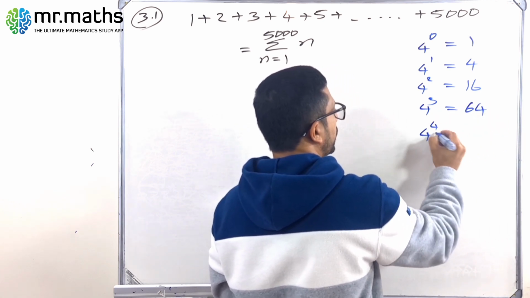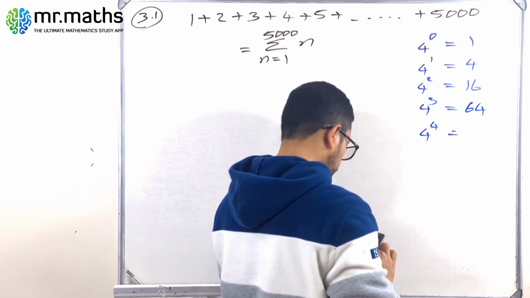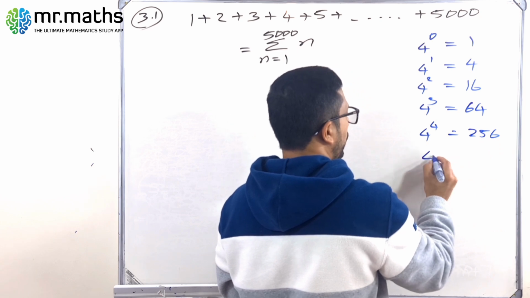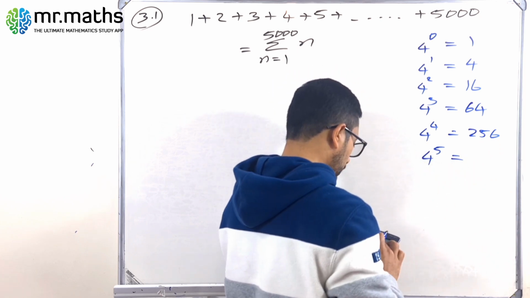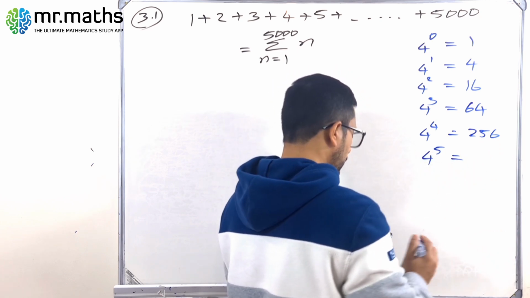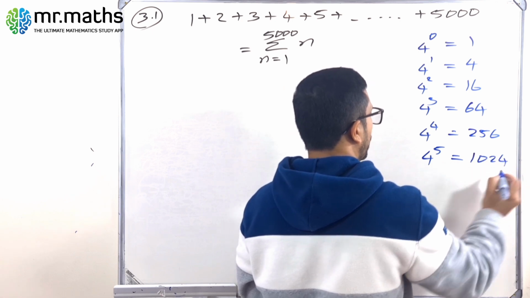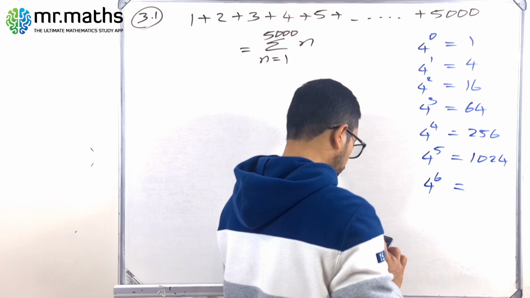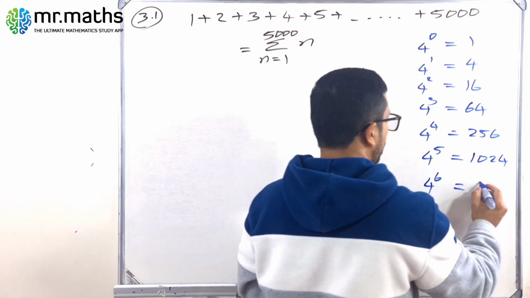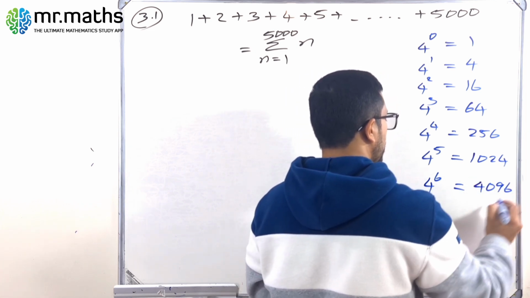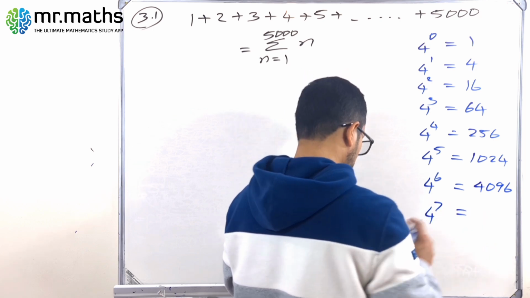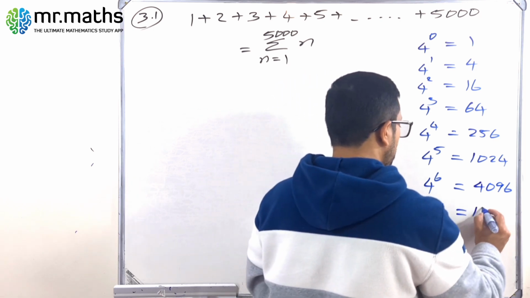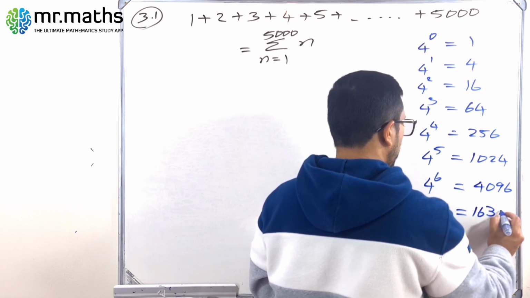4 raised to 4 is 256. 4 raised to 5 is 1024. 4 raised to 6 is 4096. 4 raised to 7 is 16,384.